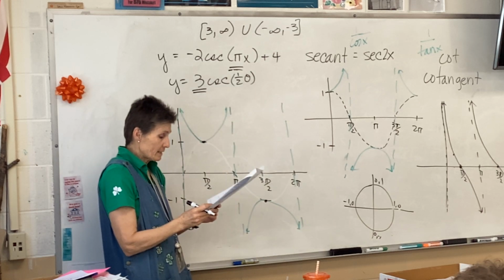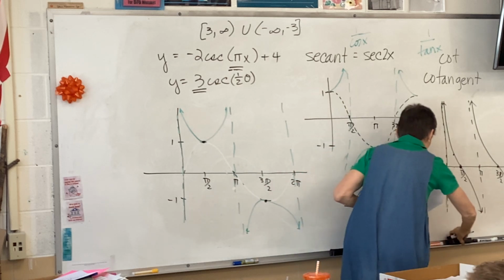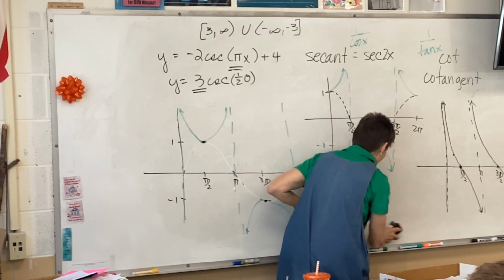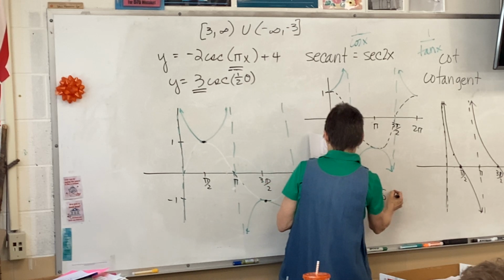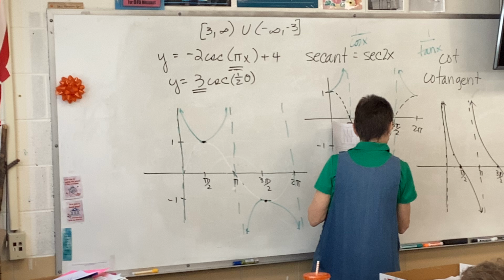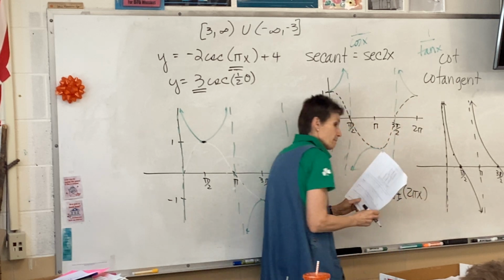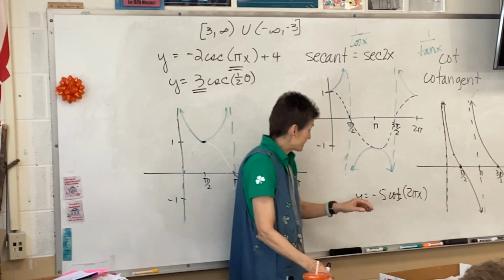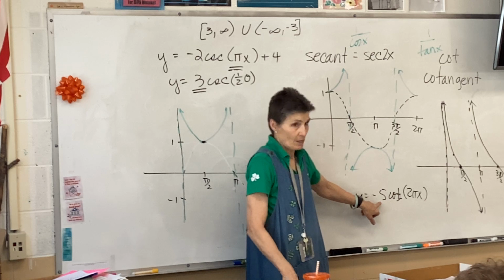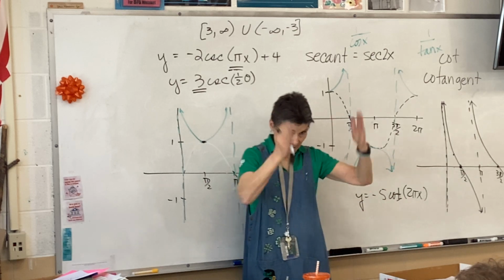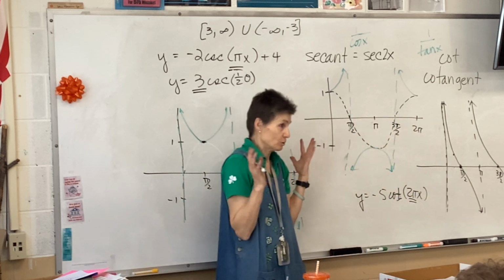Which of the following is a vertical asymptote? This is a cotangent question. Which of the following is a vertical asymptote of negative 5 cotangent 2 pi x? Now does this number have anything to do with the asymptotes? No. Asymptotes are at x values, so this is the only thing that's going to do anything.